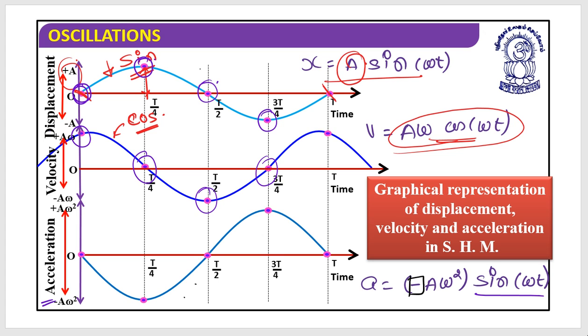If you forget the amplitude, then you just multiply x equals A sine omega t by minus 1, and you will have the graph of the acceleration. I hope this is clear.